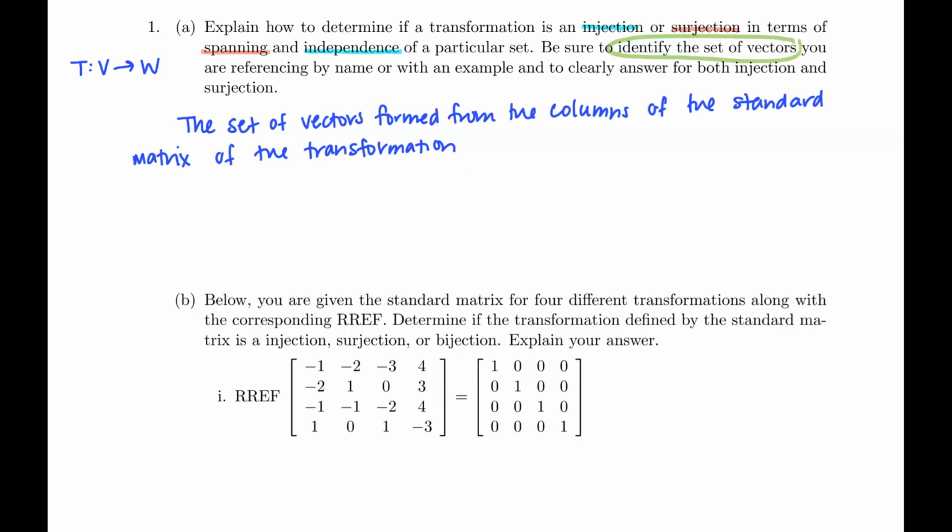If this set is linearly independent, then we can say that our linear transformation is an injection.